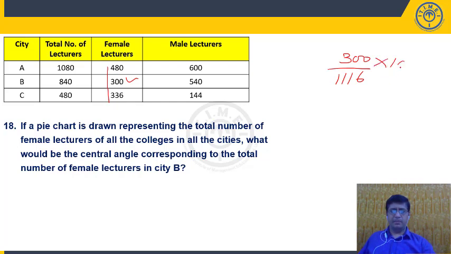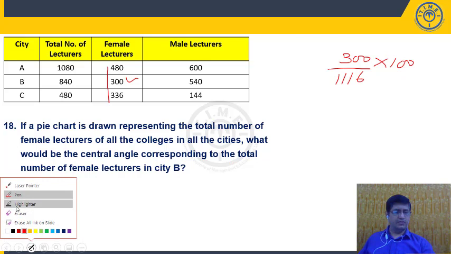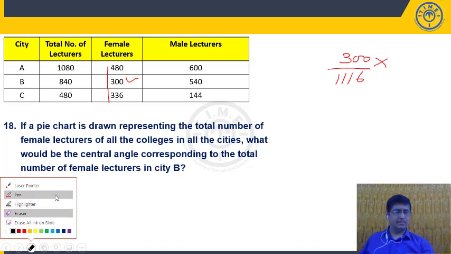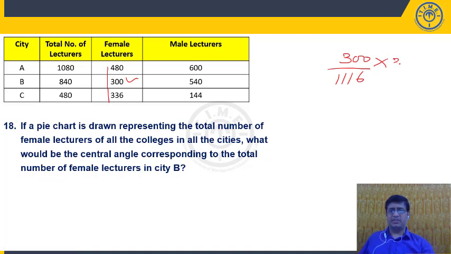Now what to find here? Central angle. Angle means it is out of 360. Now what is the possibility? Now simplify this. What is the cancellation? It goes how many times? Approximately I am asking here.